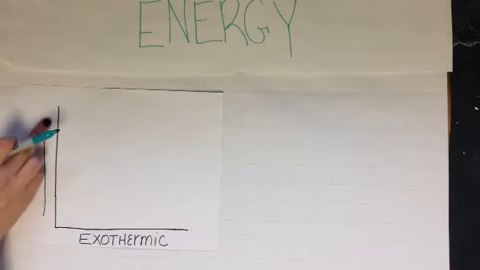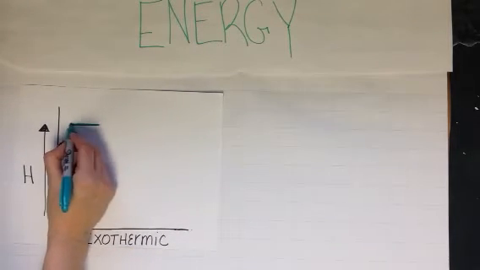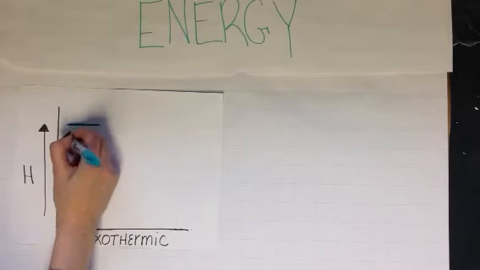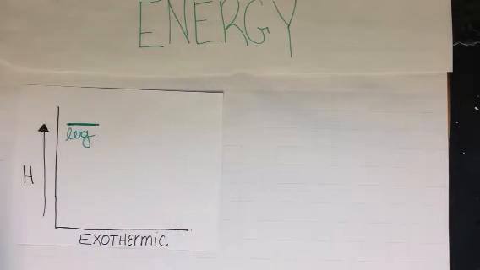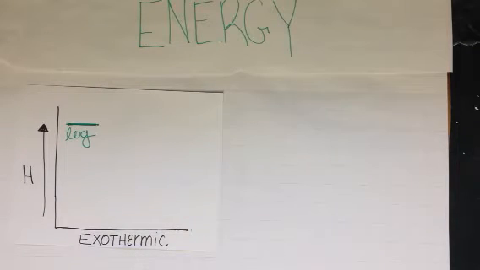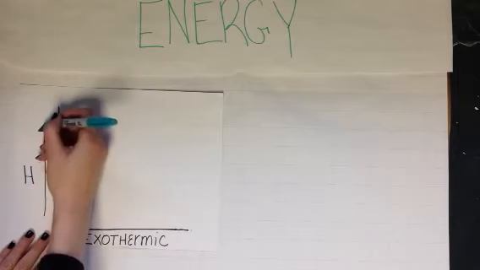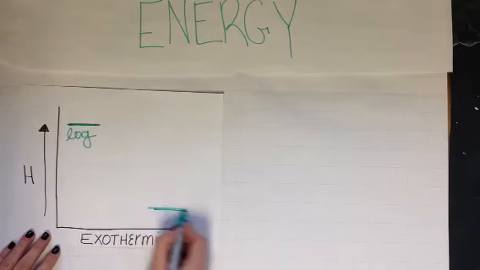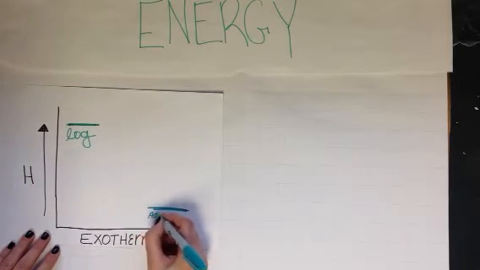Well, this is an increase in enthalpy, so we'll put it up here, and we'll label this as my log. This little bar right there will represent my log. And now, bringing back that same example, the ashes. My ashes have low enthalpy. So again, enthalpy down here would be low enthalpy. So this is like my ashes.